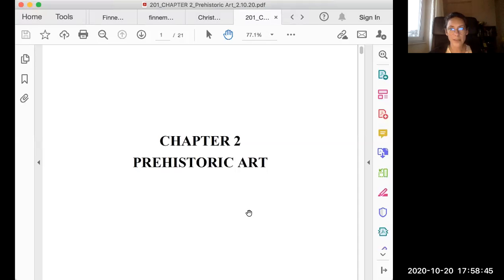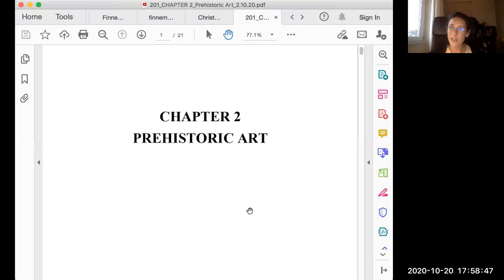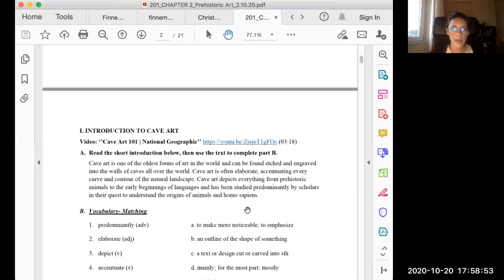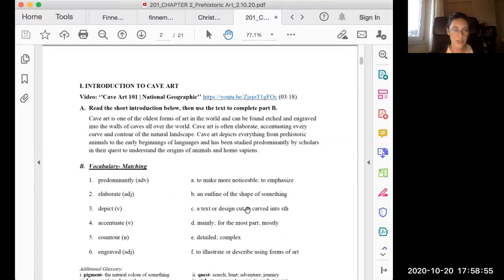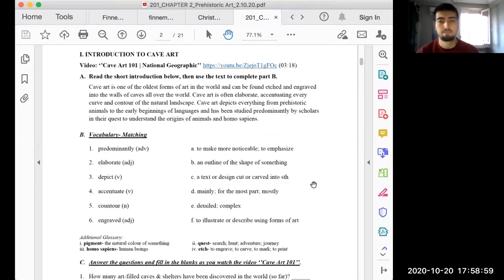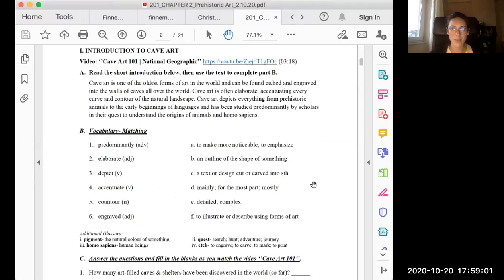So we're talking about things like cave art, the beginning of images, the beginning of language, for example. So the activity that you're doing is this first activity here, Introduction to Cave Art 101. So that's the homework that's due before class on Thursday.